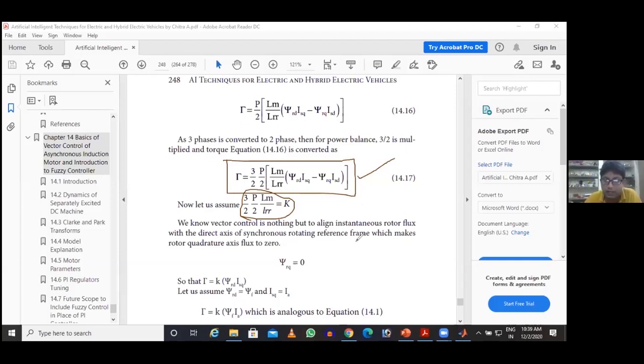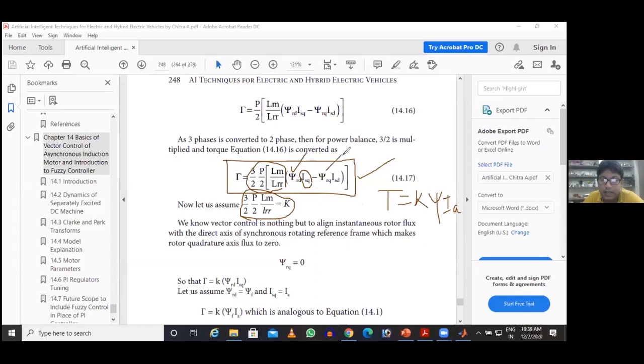You can remember the torque equation of a separately excited DC machine is some constant into some flux into armature current. Now, this entire part is a constant, this is a flux, and this is the armature current.